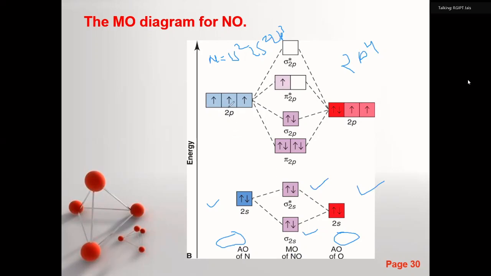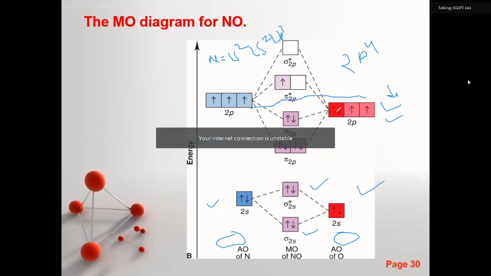After that, the p orbital of oxygen has lesser energy because of the electronegativity of oxygen compared to nitrogen. That's why you can see this energy barrier is lower.